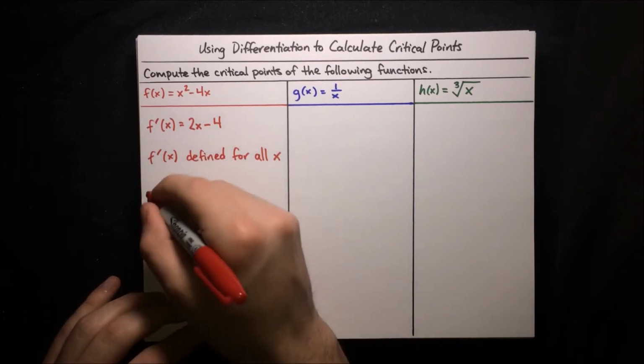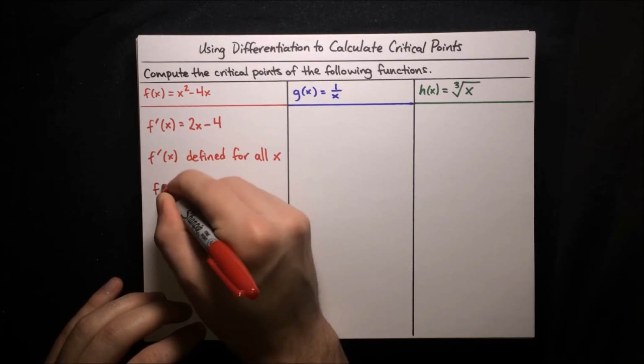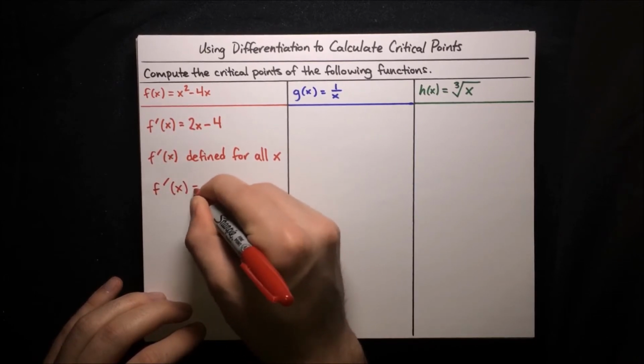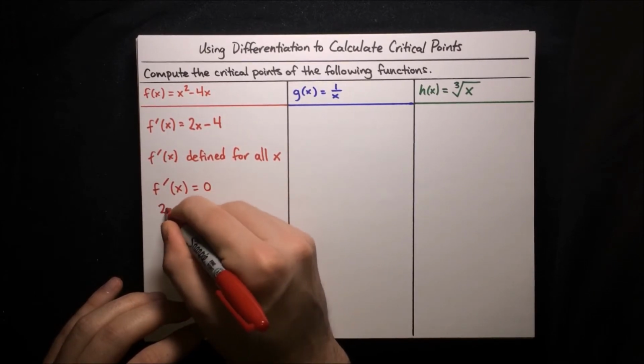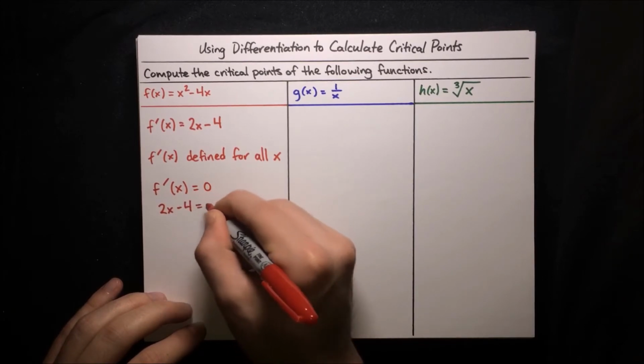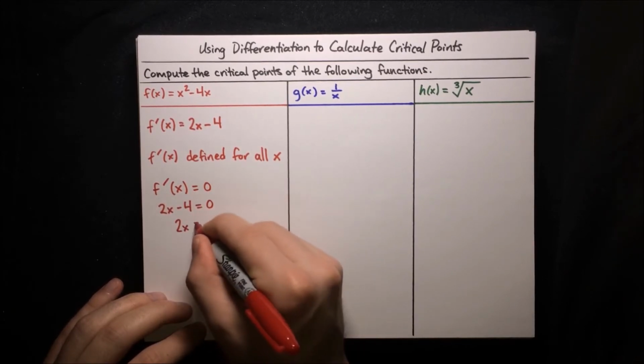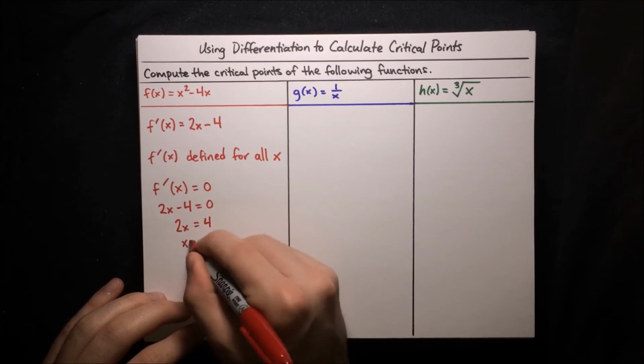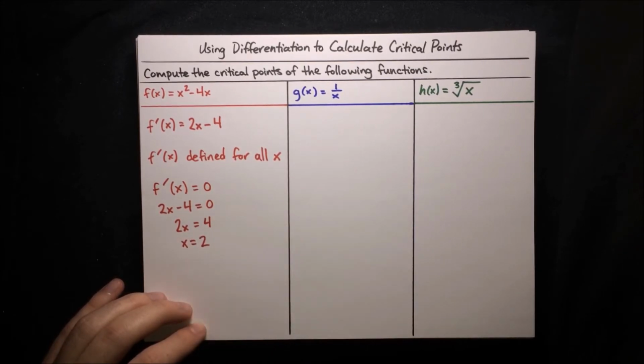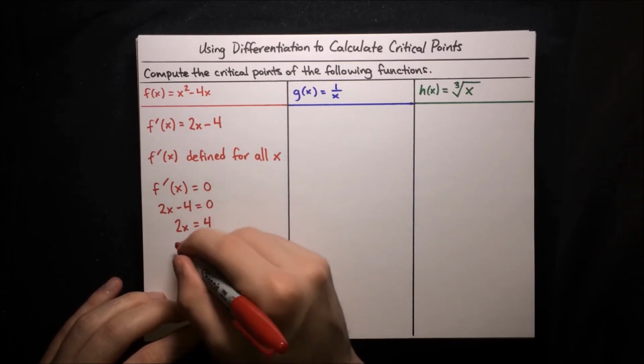But what about when the derivative is 0? Let's solve that. If f prime of x equals 0, then 2x minus 4 equals 0, which means 2x equals 4, which means x equals 2. And 2 is of course in the domain of this function, so there is a single critical point, x equals 2.